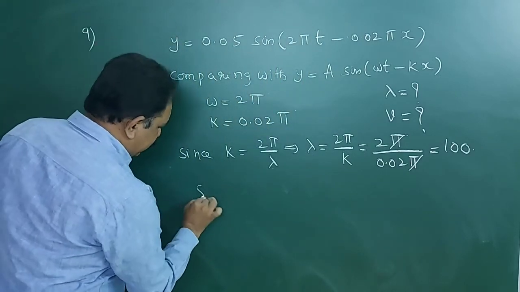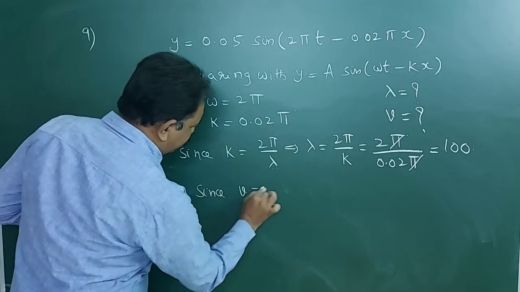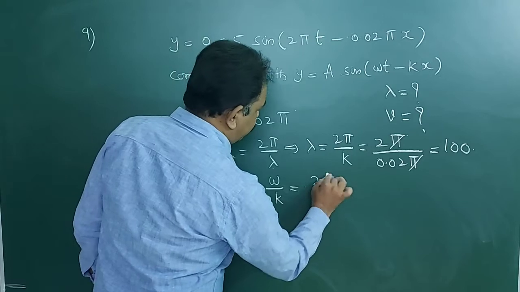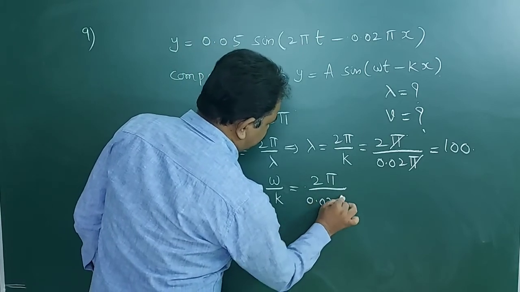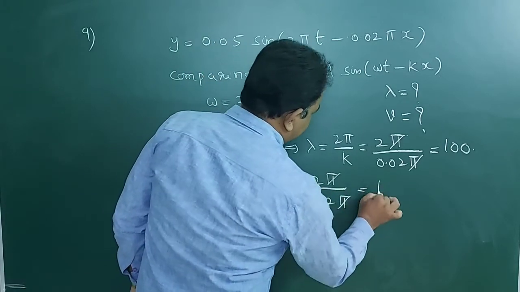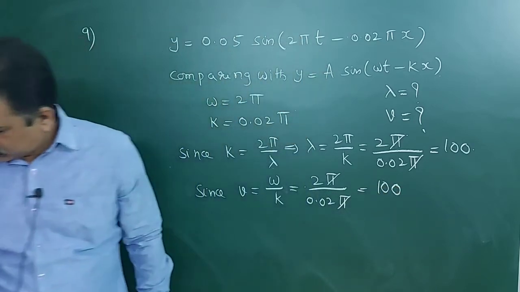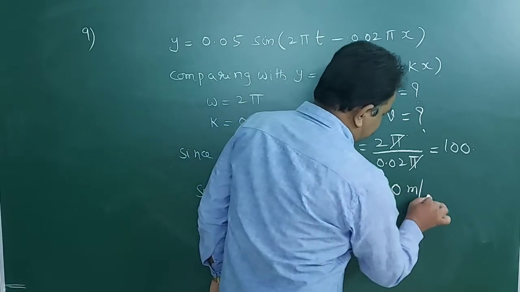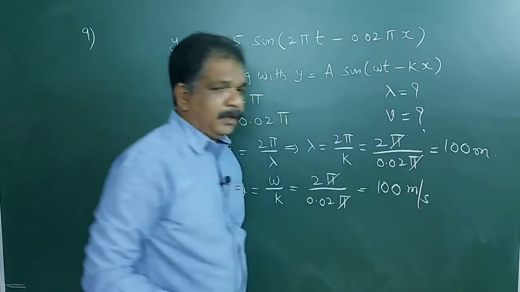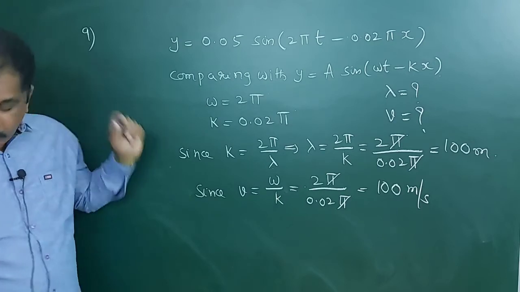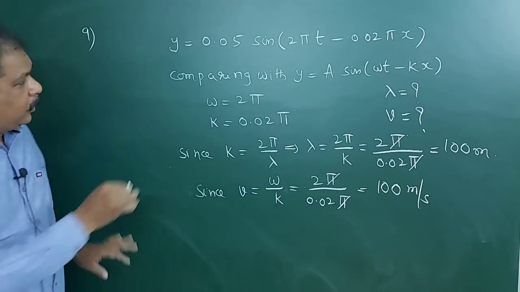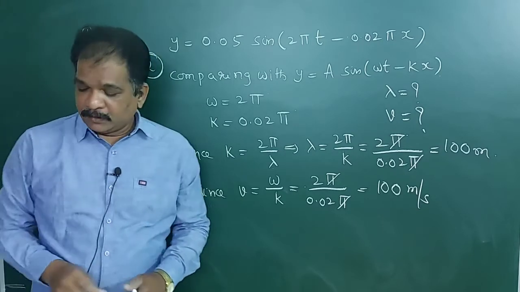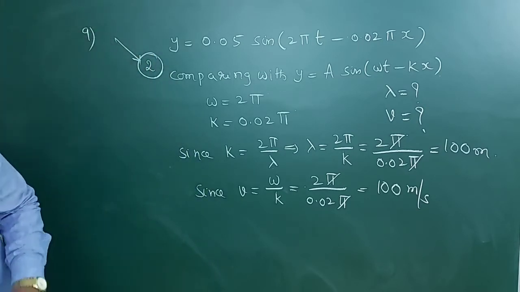And since v is equal to omega by k, 2 pi by 0.02 pi, this is also 100. Here SI units, so this will be meter per second and meter. Okay. Ninth question, it will be the second option. Okay.